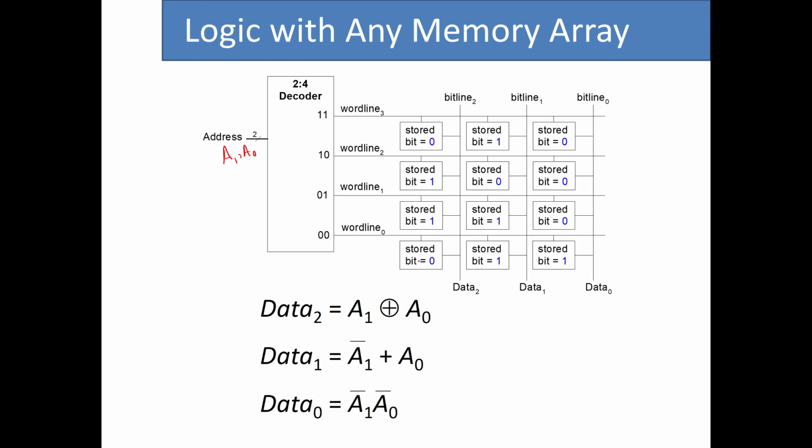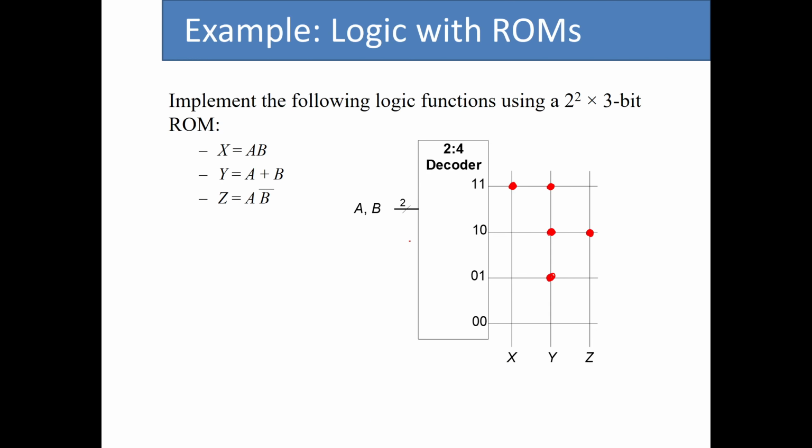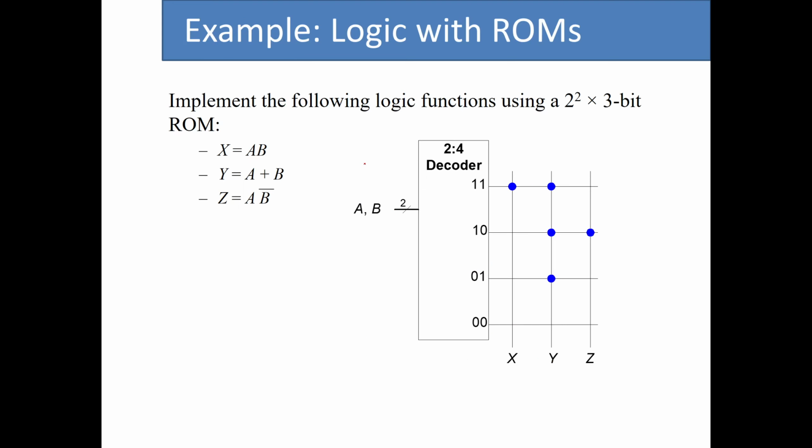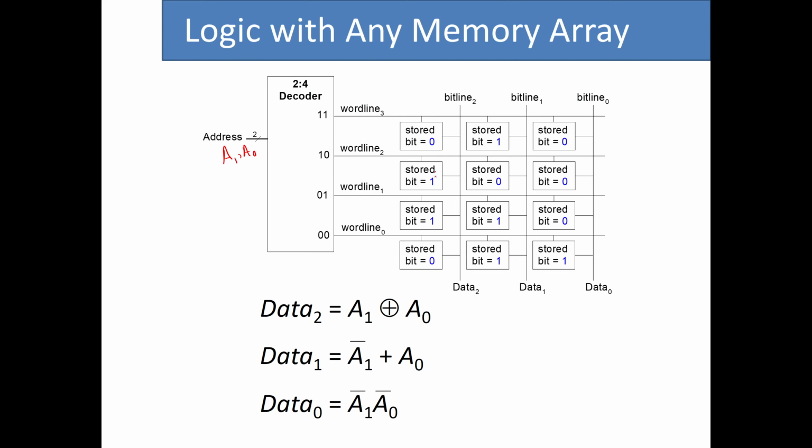So this is in fact the implementation of this function that we just had here. So now instead of putting dots wherever we have a one, I just stored 1. Instead of not putting anything, whenever we have 0, I just stored a value 0 in the bit cells.